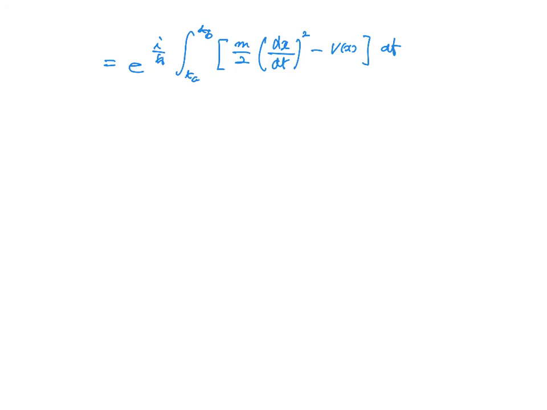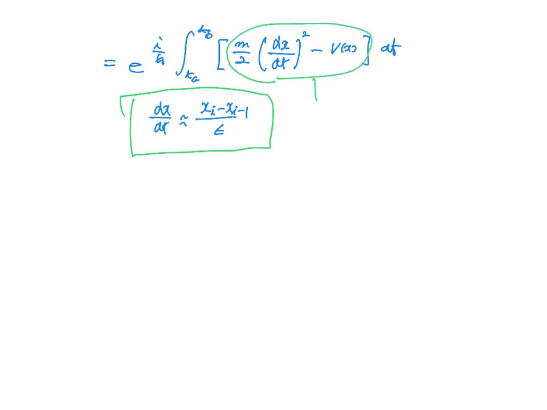Here we have used the fact that x dot is xi minus xi minus 1 over epsilon. And this has a special name, called the Lagrangian.